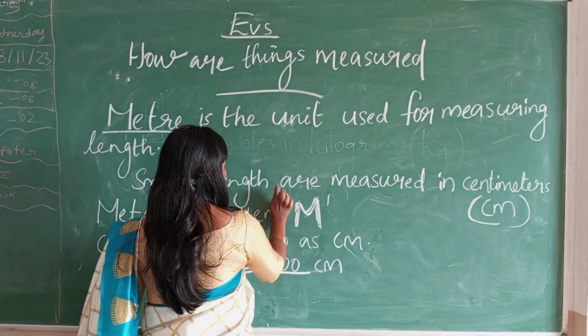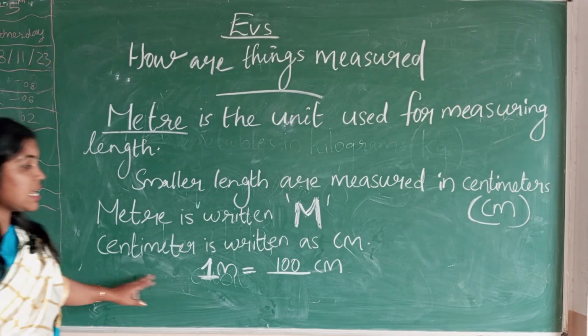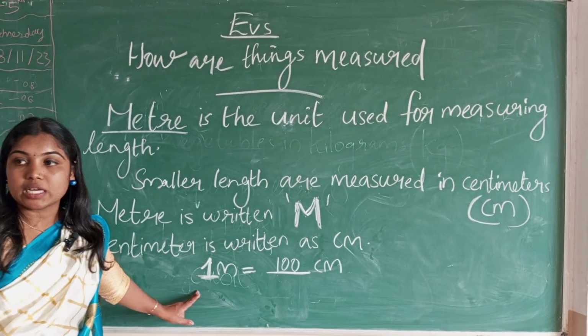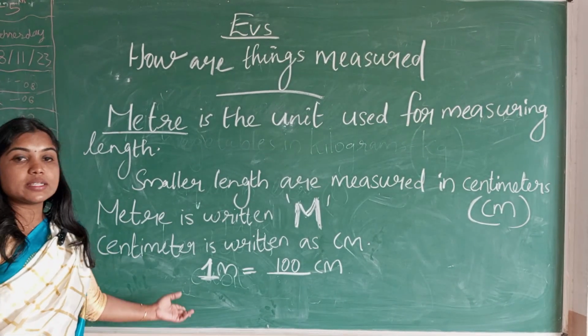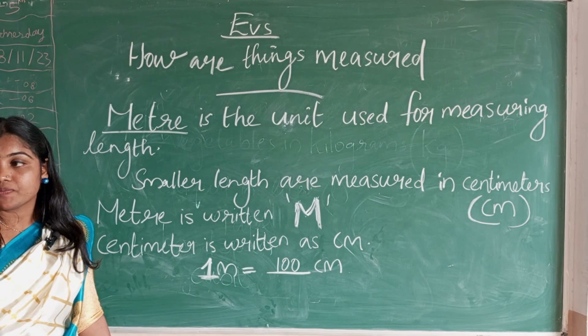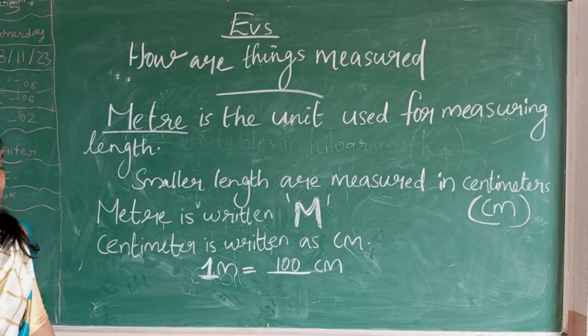So centimeter is written as cm and 1 meter is equal to 100 centimeter. So 2 meter is 200 centimeter. 10 meter is 1000 centimeter.